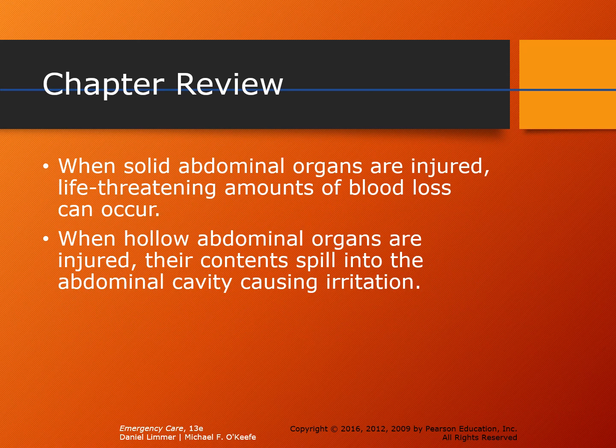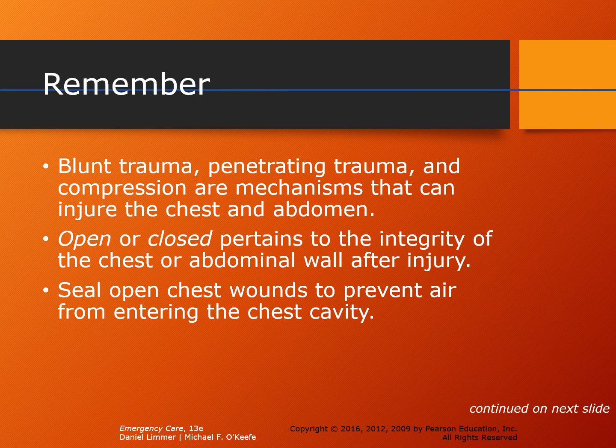When solid abdominal organs are injured, life-threatening amounts of blood loss can occur. When hollow abdominal organs are injured, their contents may spill into the abdominal cavity and may cause irritation and sepsis. Remember that blunt trauma, penetrating trauma, and compression are mechanisms that can injure the chest and abdomen. Open or closed pertains to the integrity of the chest and abdominal wall after injury, not necessarily the layers of the skin.